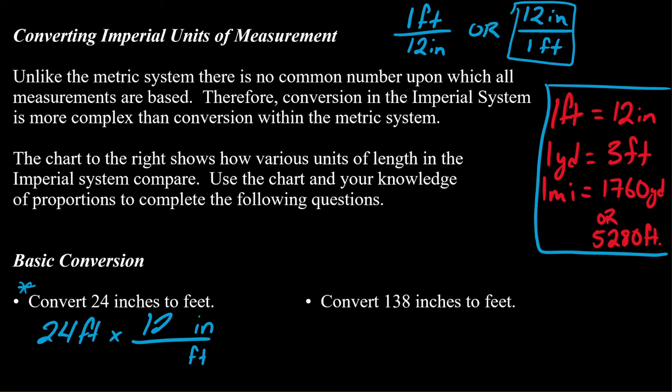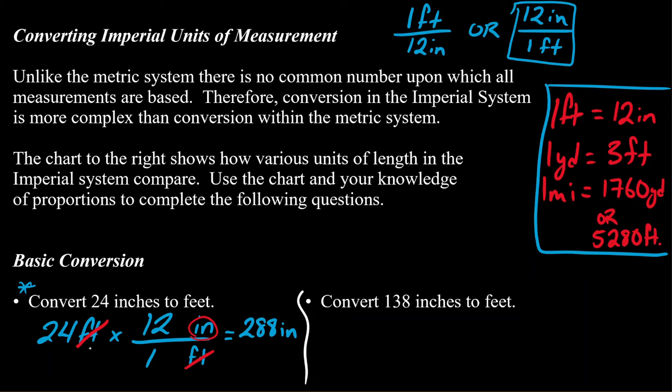So we'll write 12 inches in 1 foot. Then the feet are on the top of the equation, feet are also on the bottom, and they cancel each other out, and we're left with a unit of inches. So 24 feet times 12 inches per foot, 24 times 12 is 288 inches. Perfect.